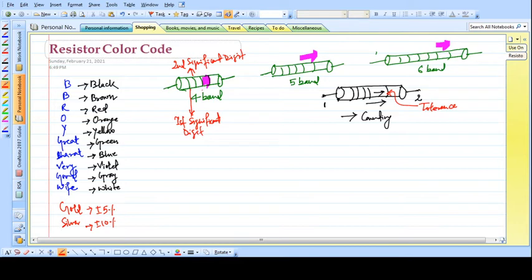I will tell what it means. Third one, if there is no other band, is our multiplier band, and the final one is our tolerance band.